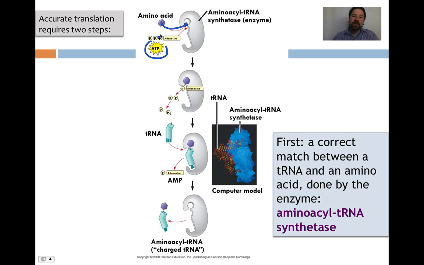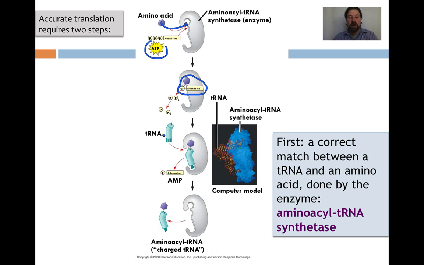Now, once the amino acid nestles into this active site here, ATP is then going to be spent to get it in there, to provide its conformational change. We then see an adenosine monophosphate left over that's still attached to your amino acid, which is still nestled into your enzyme.